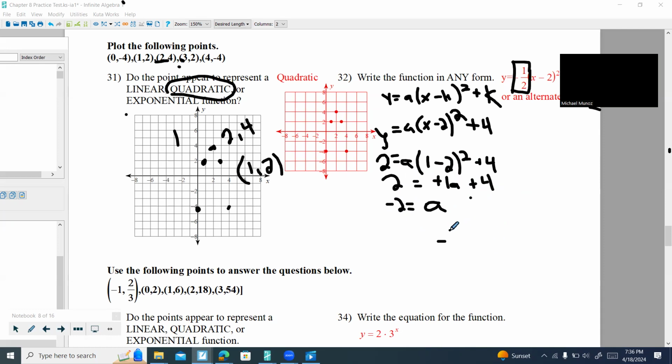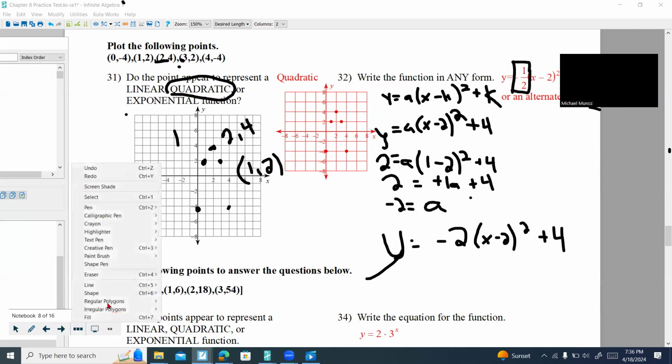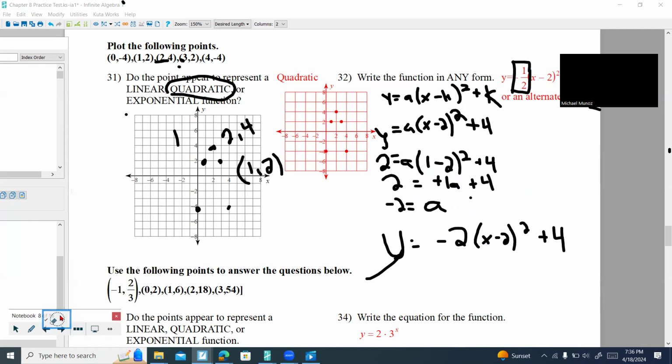And it's y equals -2 (x minus 2) squared plus 4. And then that's what you want for that one. I doubt this will be on the test either. So, oh, erase this one.